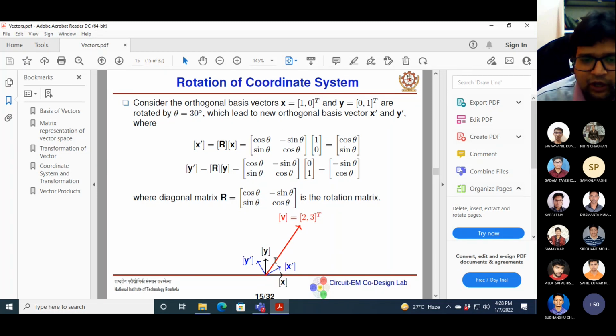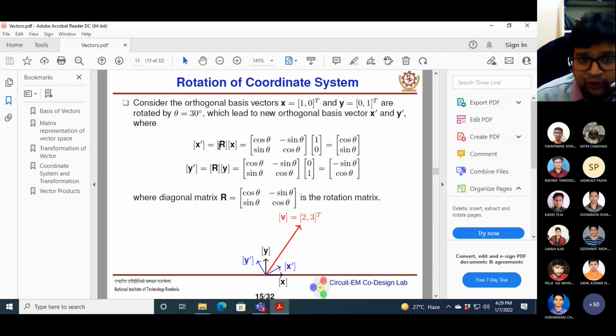Now consider you have the original system, that is basically x and y. So x is the vector (1, 0) and y is the vector (0, 1). Now I want to rotate this coordinate system by 30 degrees. With this rotation you form a new coordinate system, that is x prime and y prime.